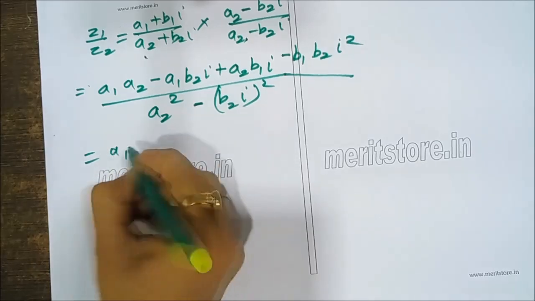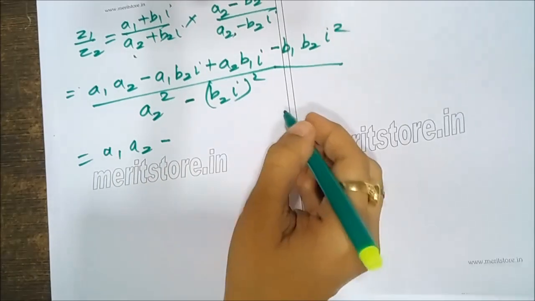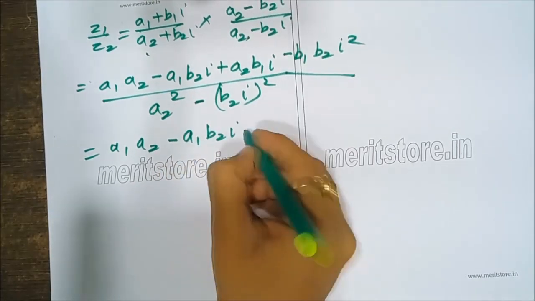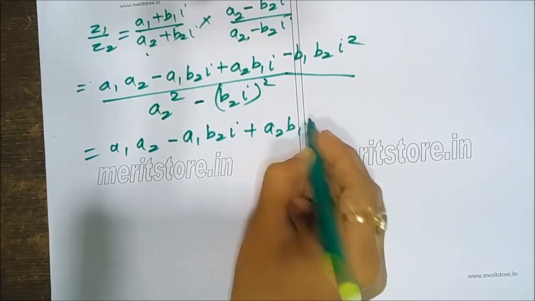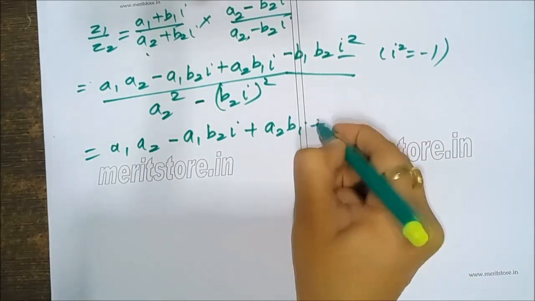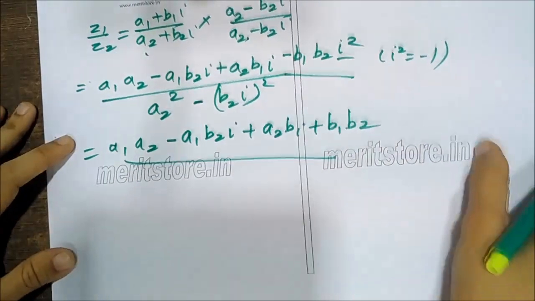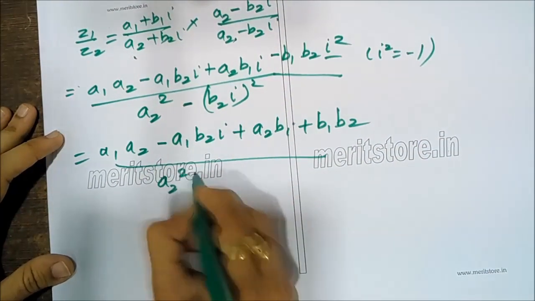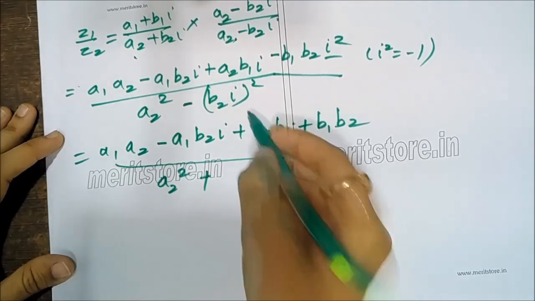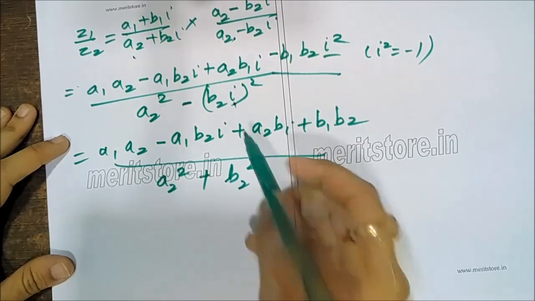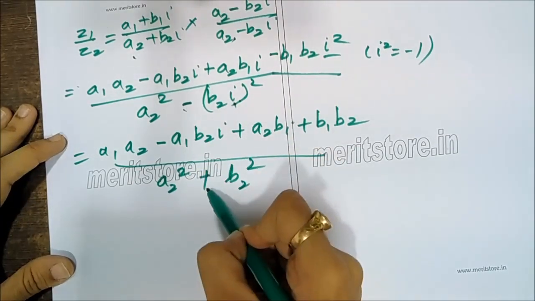So A1 A2 minus A1 B2i plus A2 B1i. Here i square is minus 1, so their sign changes, upon A square, sign will change, i square is minus 1, minus minus plus.